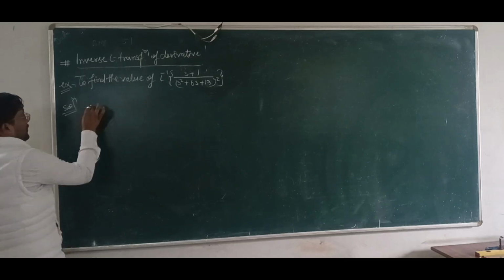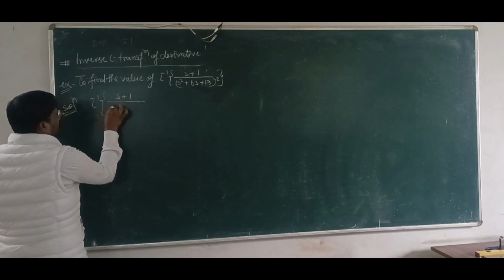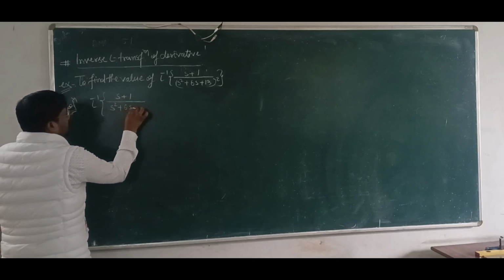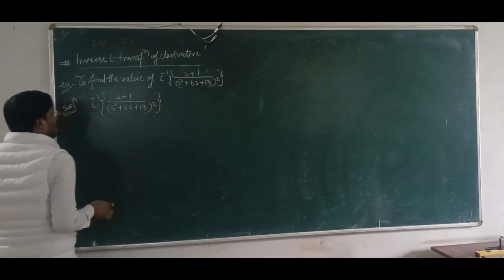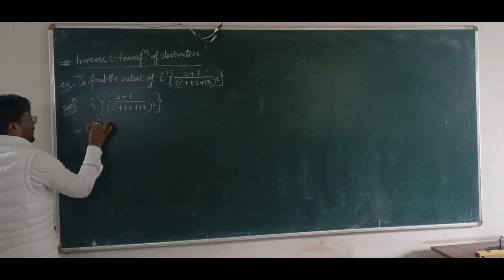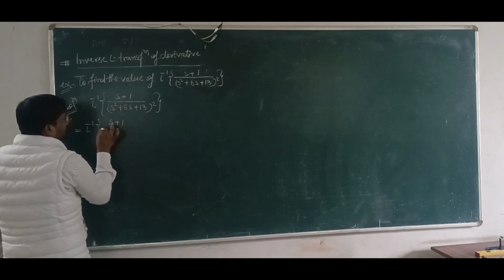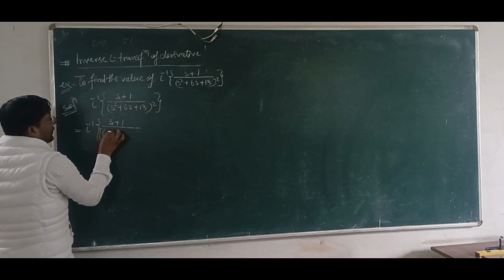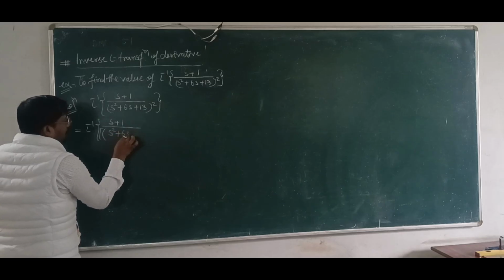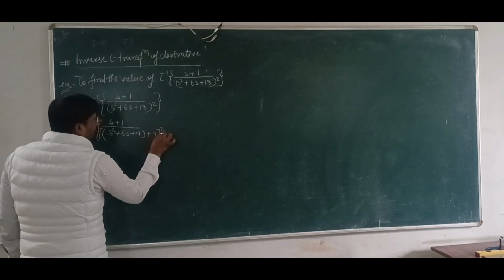First I solve the inverse Laplace of (s plus 1) upon (s square plus 6s plus 13) to the power 2. Now you can write inverse Laplace of (s plus 1) to the whole power 2 upon (s square plus 6s plus 9 plus 4) to the whole power 2.